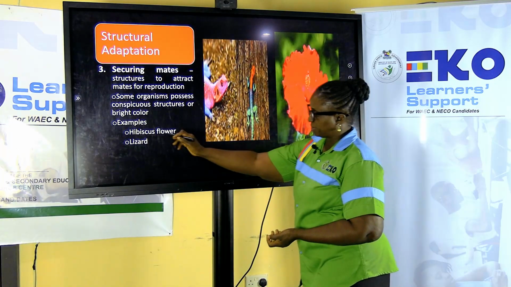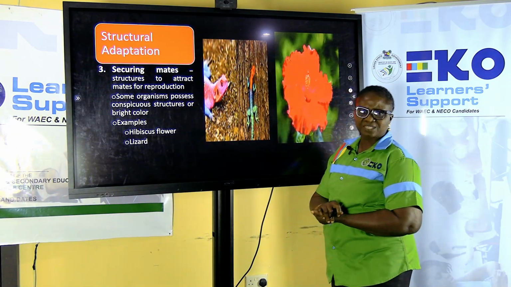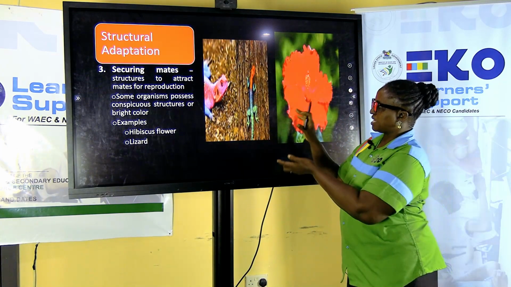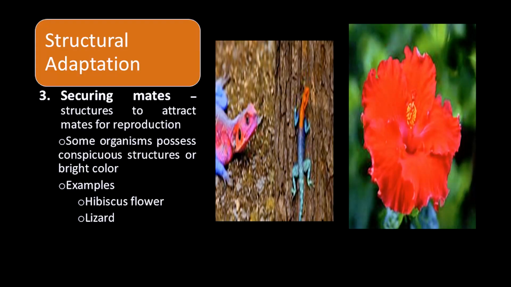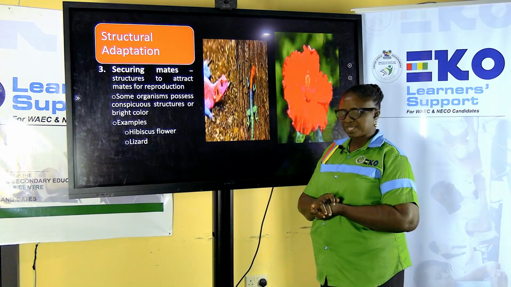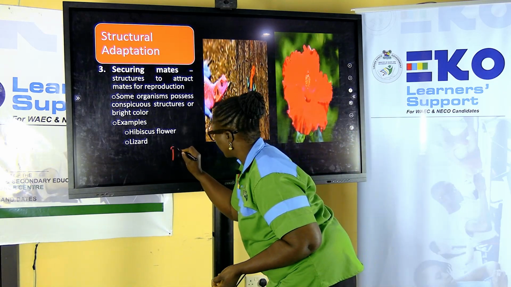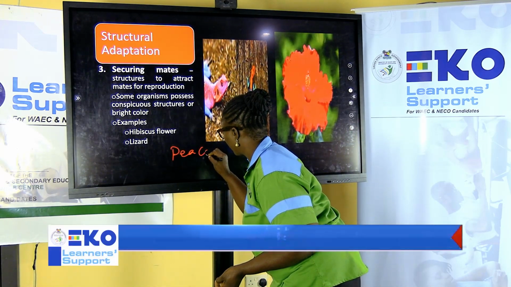For example, hibiscus flower, lizard. There are so many other organisms that possess bright, beautiful colors. Aside from the hibiscus flower and lizards, we have another wonderful bird, the peacock. You know a peacock?